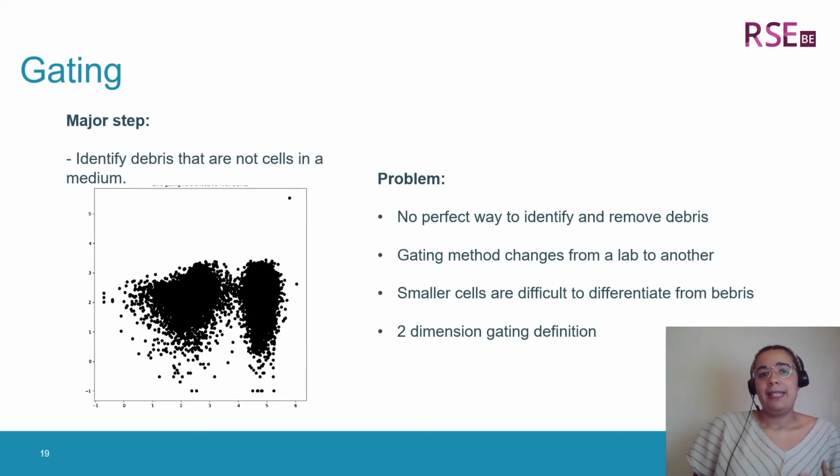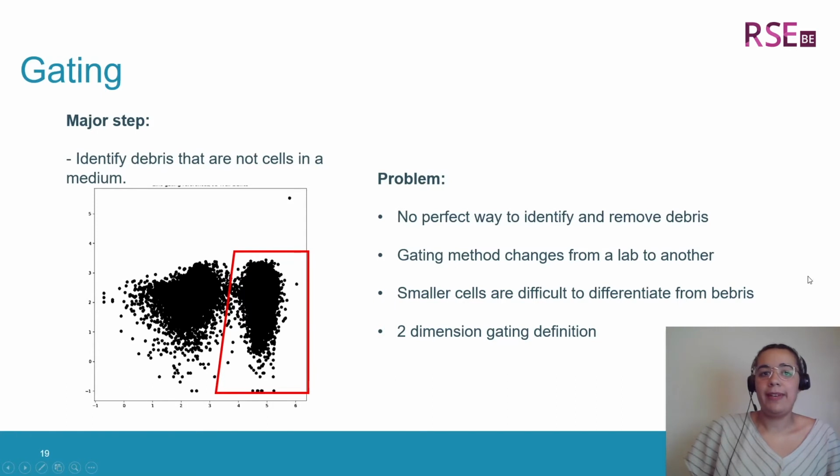Each lab has its own method, and one of the most applied is to identify visually the cluster which contains cells and use a lasso to keep only this information. This method is far from perfect. Nothing indicates that the selected events are all cells and that cells are not forgotten in the other clusters. Moreover, the lasso used in one case can be wrong for another sample, and most of the time, this kind of gating is based on a two-dimension graph.